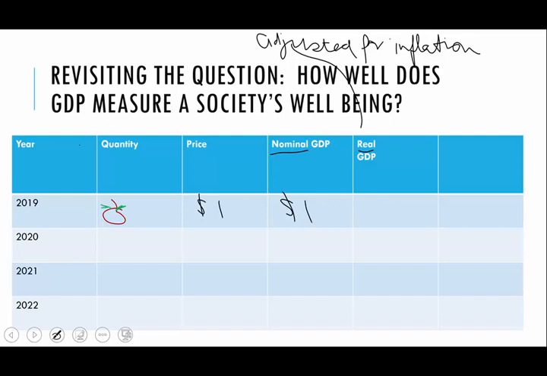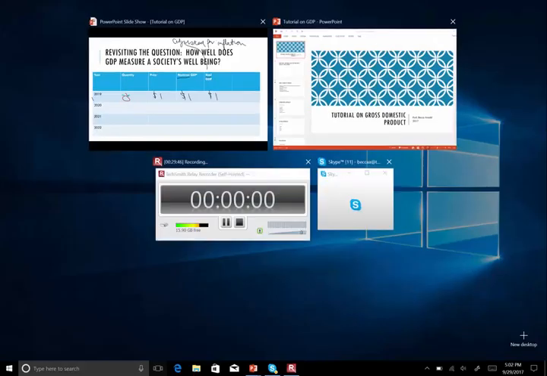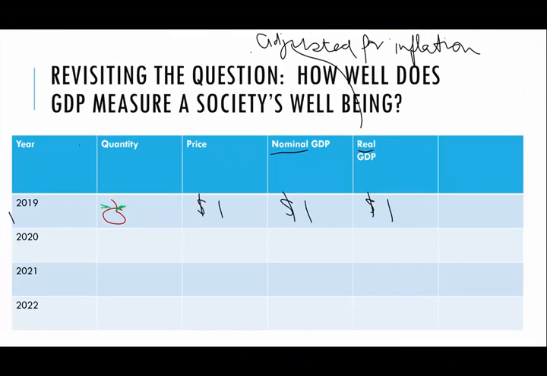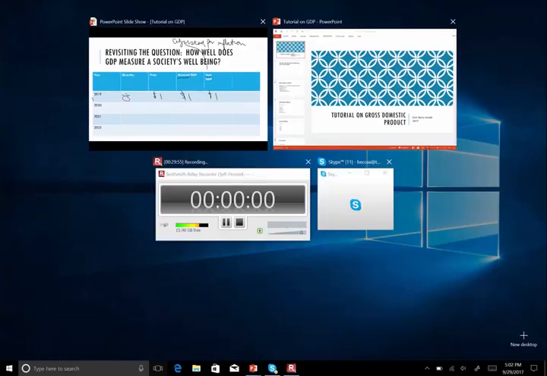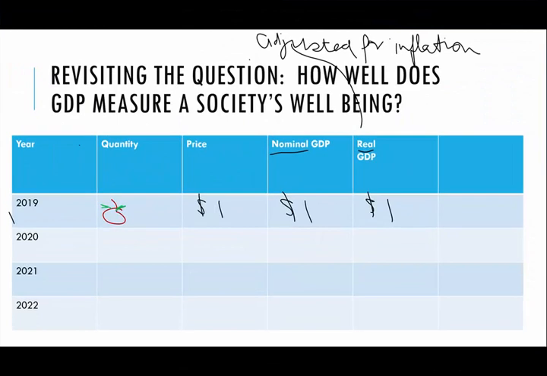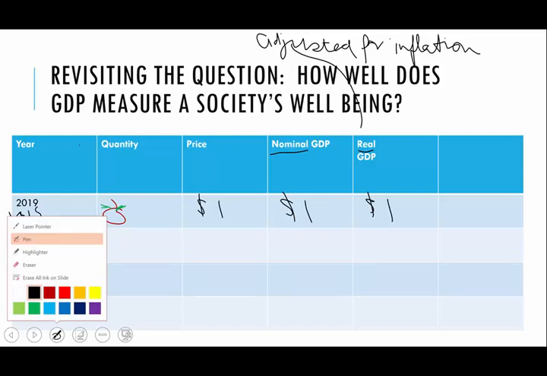So real GDP, adjusted for inflation, we're going to say that we're not adjusting anything for inflation yet because we're going to call 2019 the base.